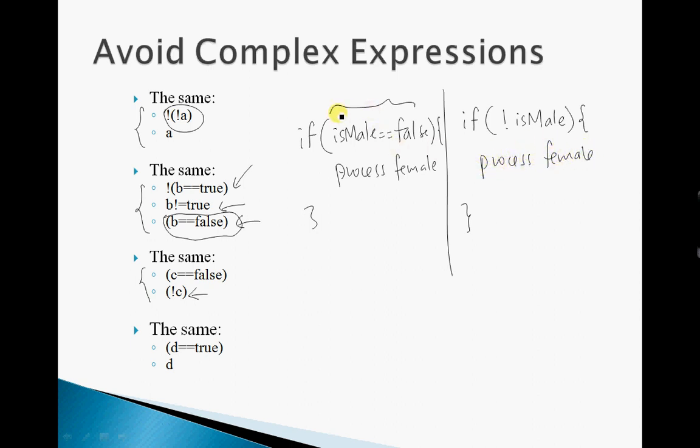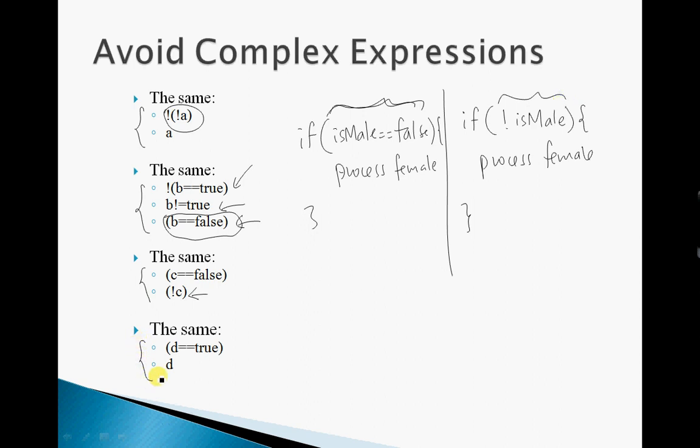So if isMale is false, that means that person is a female, I'll go into the if block. Look at this: if not isMale, isn't that very intuitive? It means that person is a female. Go into the if block. But anyway, both are fine.